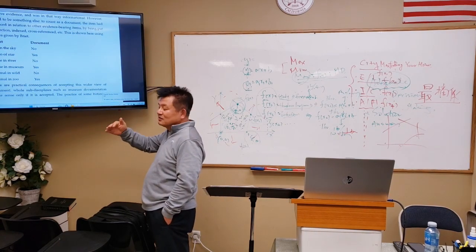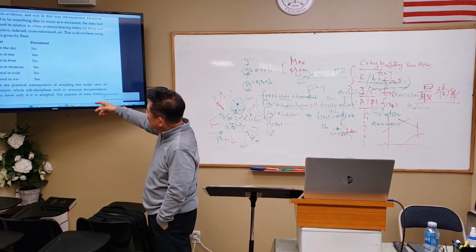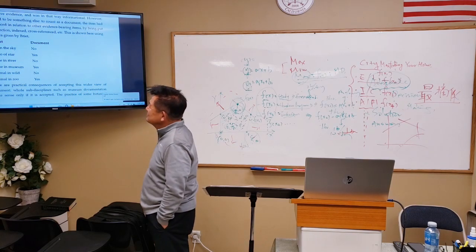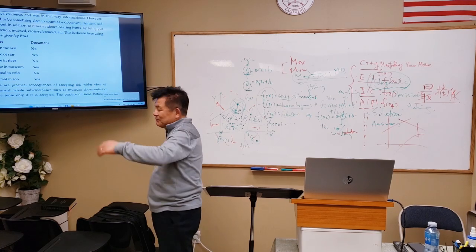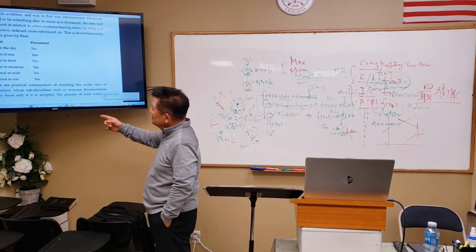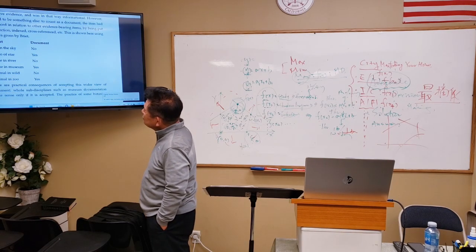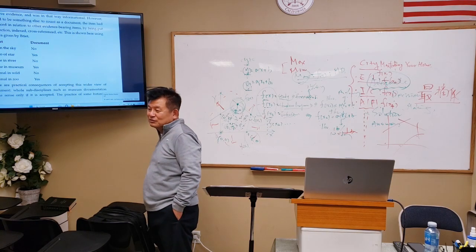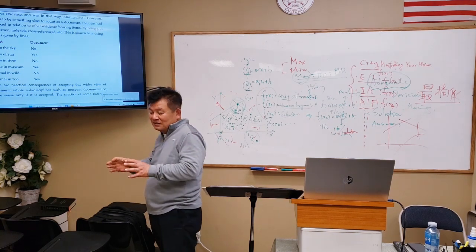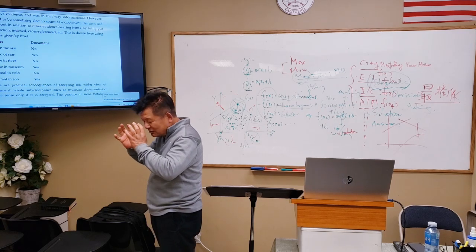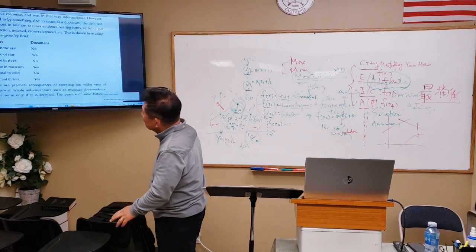It includes some information. And the stone in the river, the pebble on the beach, is not a document. But a stone in the museum is a document, because the stone includes some information.